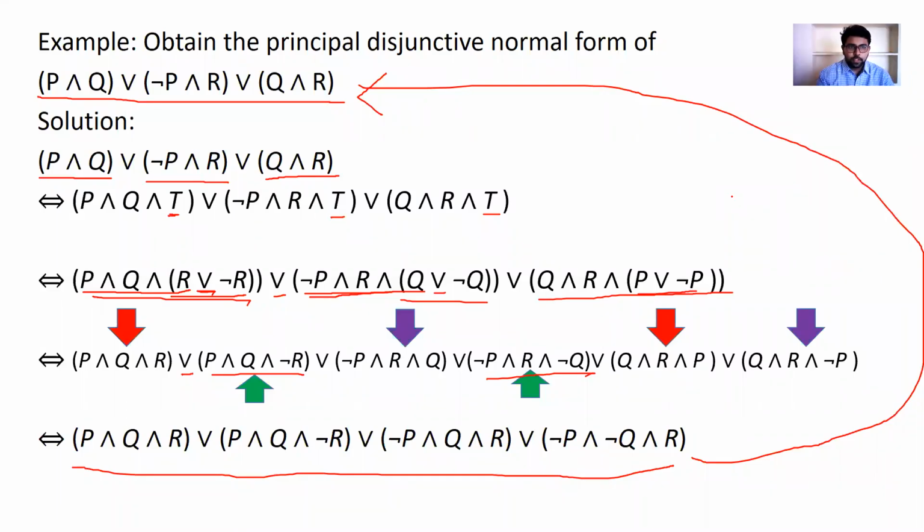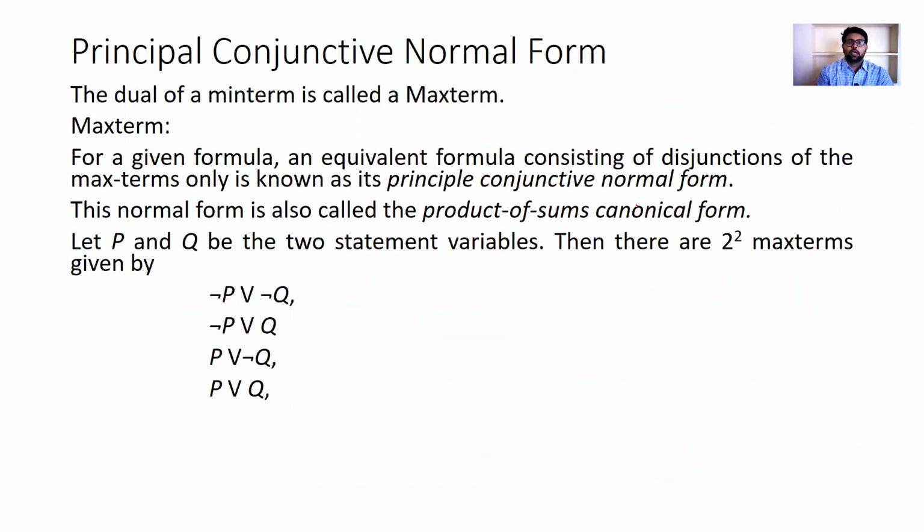Now I'm going to move on to the principal conjunctive normal form. The principal conjunctive normal form we call maximum terms.